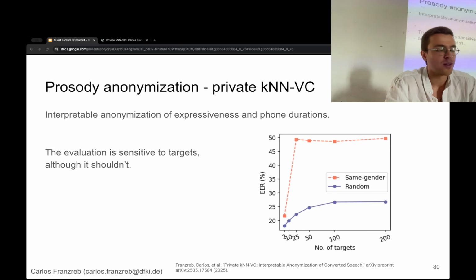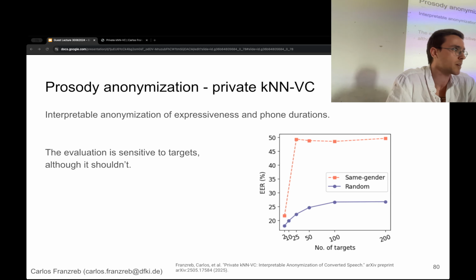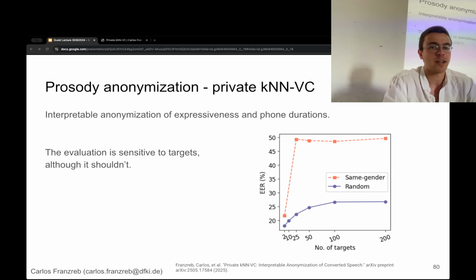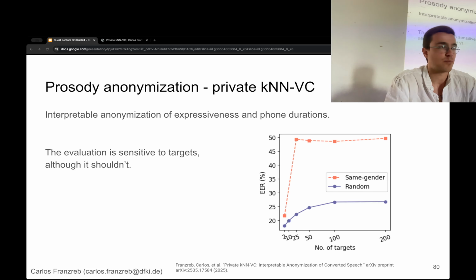Because if you do same gender selection, you're already telling the attacker the gender of the source speaker, because it's going to be the same as the one from the target speaker. But here we see that the attacker is not really able to cope with the same gender selection really well. So this means that it has some sensitivity to targets that we need to improve from the evaluation side to make it more robust to targets, and that's what I'm working on right now.